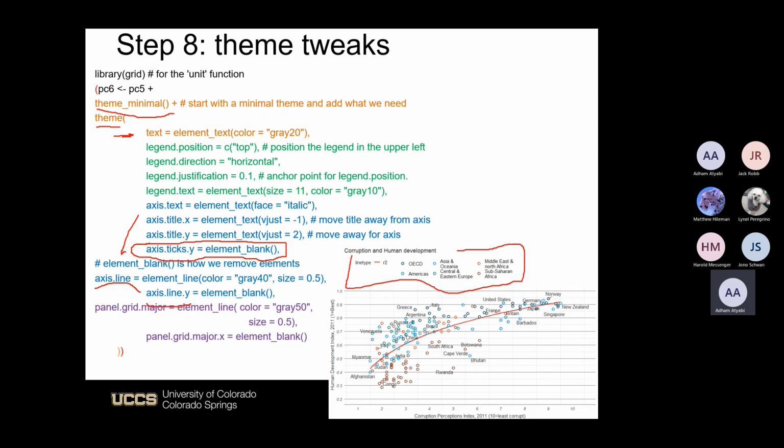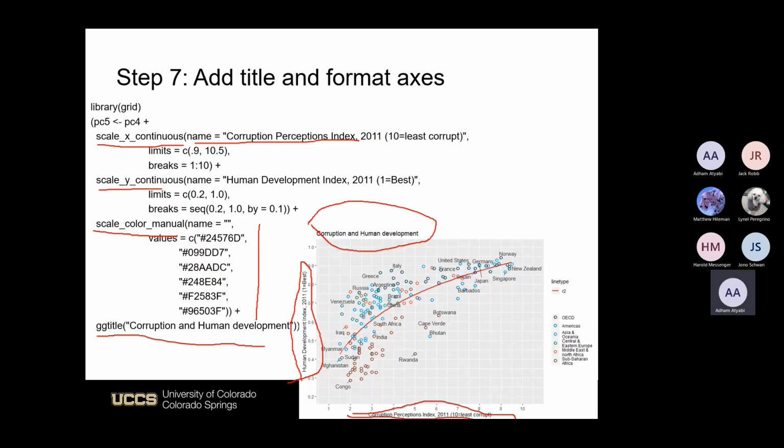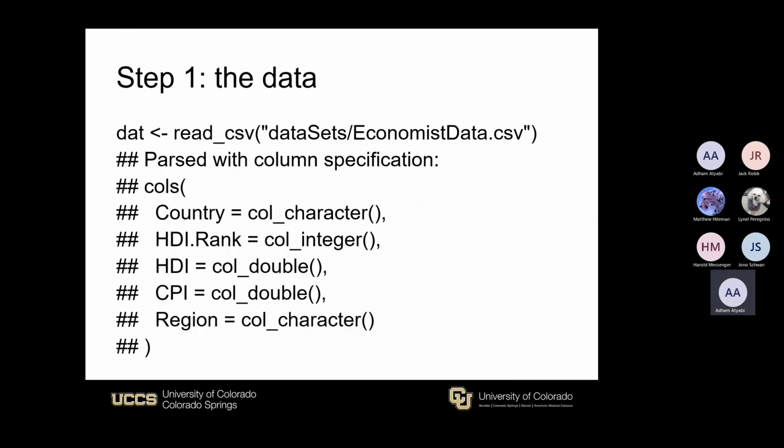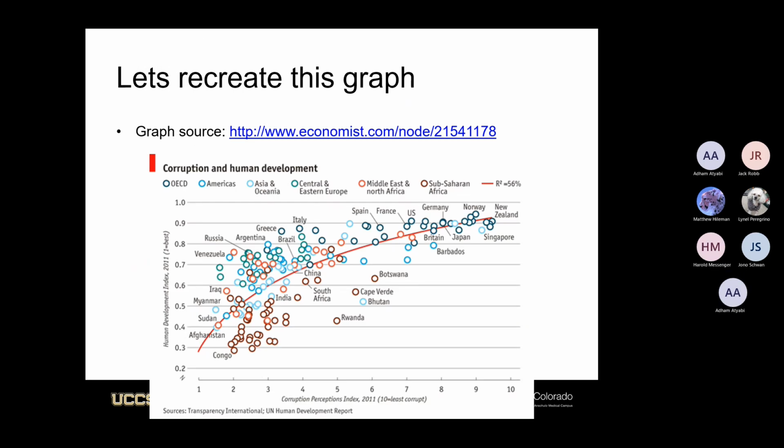Then we are introducing a panel grid major with element line of gray 50 and size of 0.5, and at the end we are setting the panel grid major X to element blank, and we get the same graph that we started with.